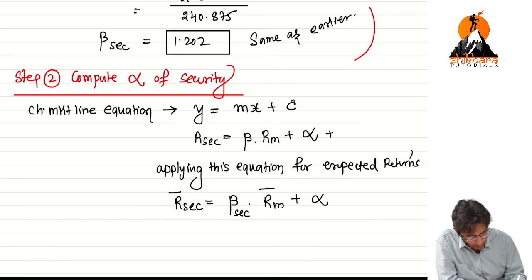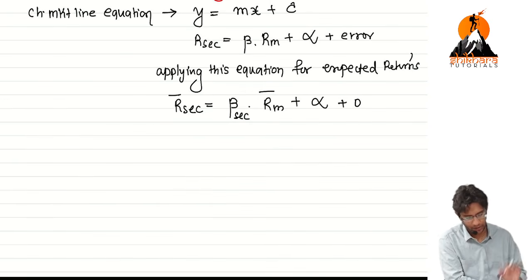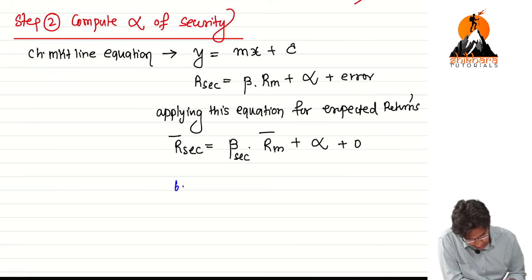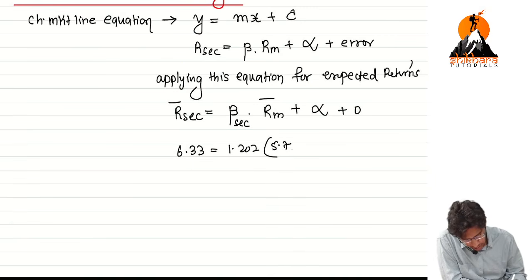If you want, you can write error also, but when you take the average of the error, it will become 0. If you want, I'll prove it; that's not a problem at all. Okay, now fill up. Expected return of security we know is 6.33. Beta is 1.202, Rm bar is 5.75.